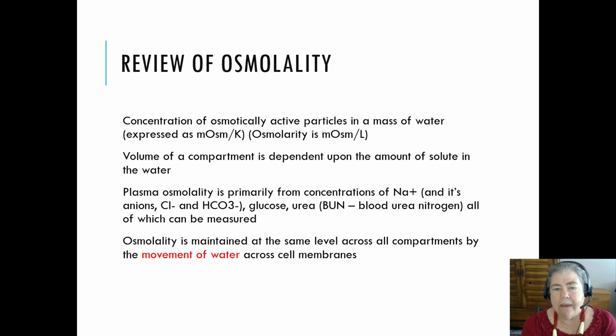Urea is often called blood urea nitrogen, or BUN. And all of these things can be measured. So we can send blood to the lab and determine the concentration of sodium, chloride, bicarb, glucose, and urea.